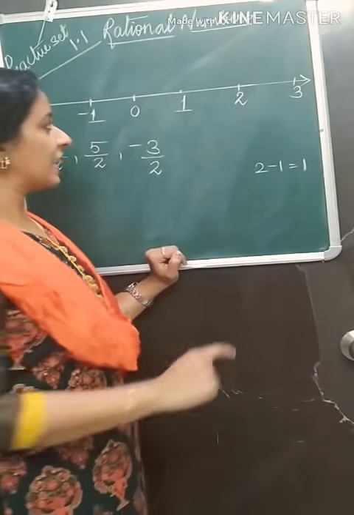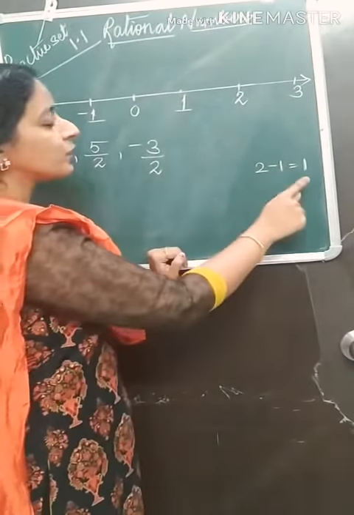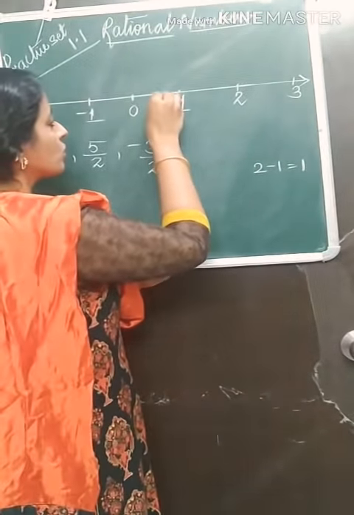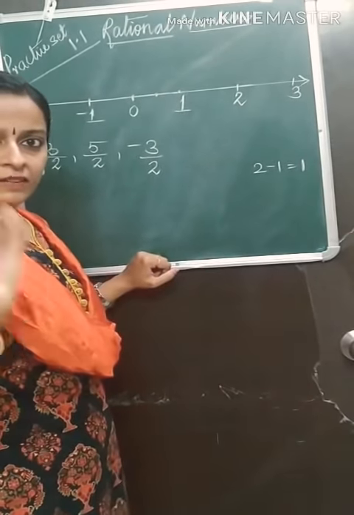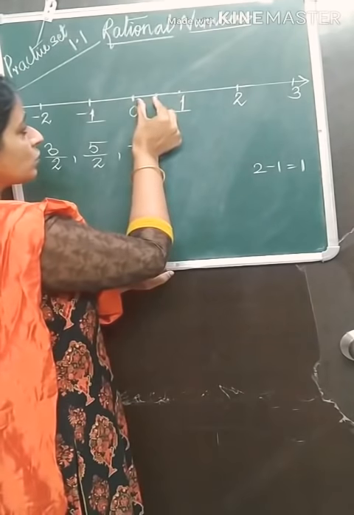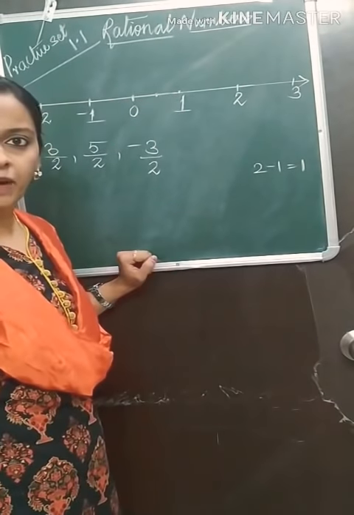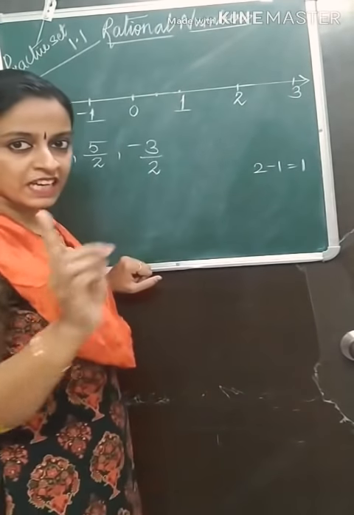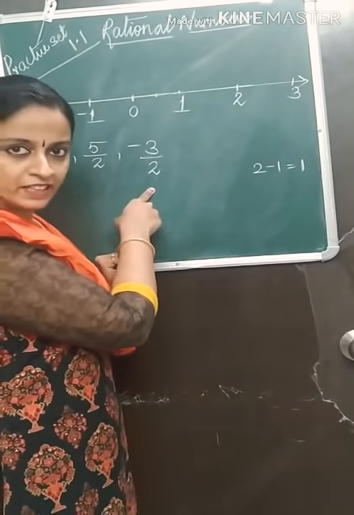So we will divide 0 to 1 into 2 equal parts by showing a dot here. This 0 to 1 got divided into 2 parts. Same way from 1 to 2. Once again, look at the denominator.